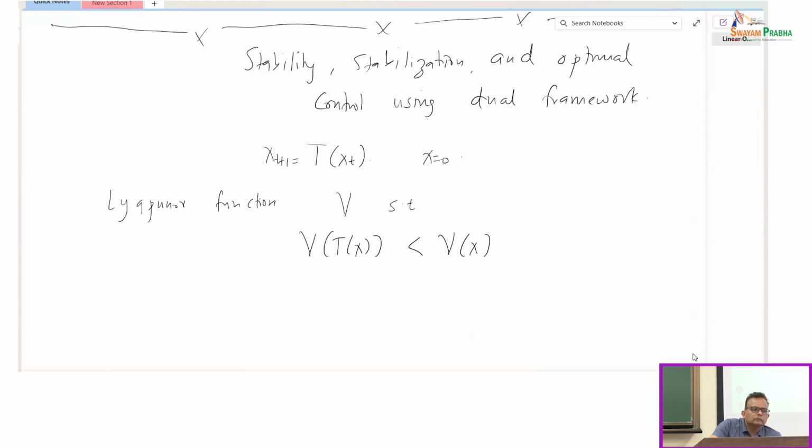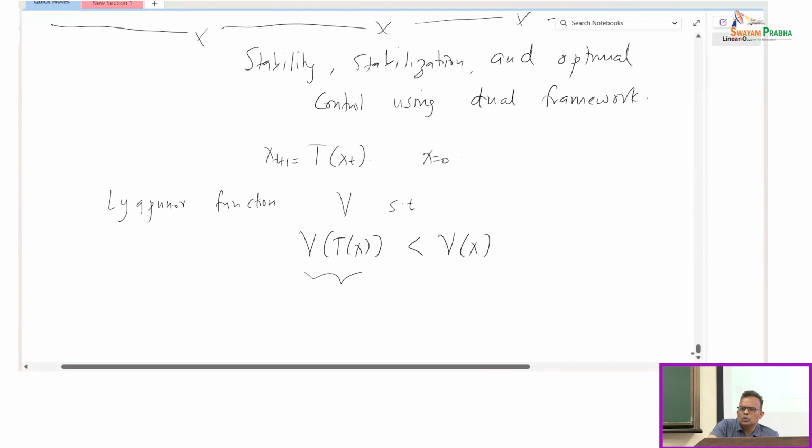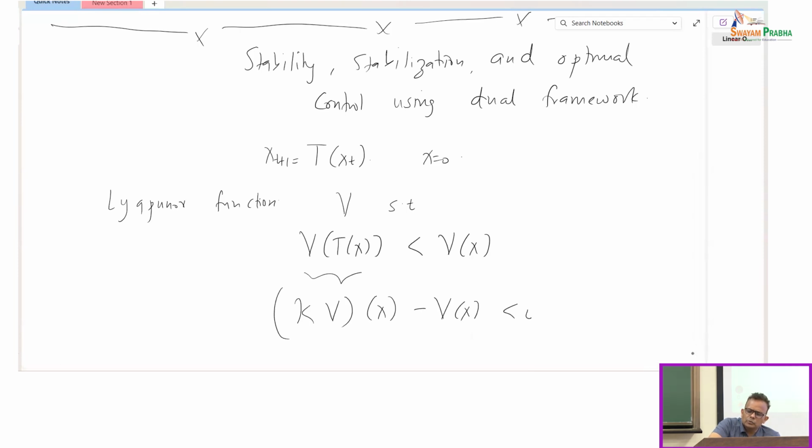Now, do you see a Koopman here? And that was actually the observation. This left-hand side is a Koopman, because this is Koopman operator K acting on V, evaluated at x. Okay, and I can rewrite this as KV(x) minus V(x) has to be less than 0.